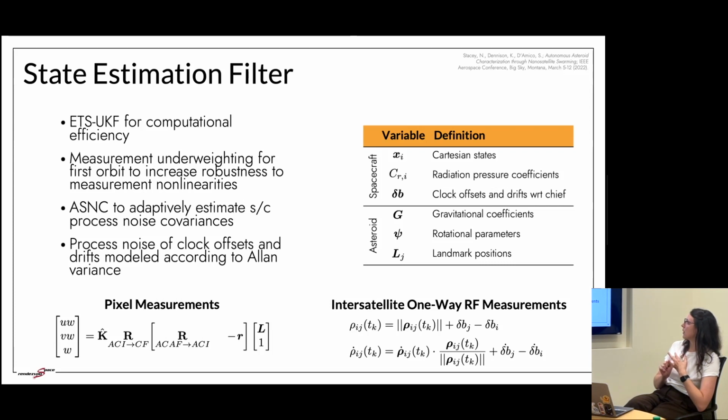We have the radiation pressure coefficients of all the spacecraft, and the clock offsets and drifts with respect to a chief spacecraft. And then we have the asteroid characteristics, which include the gravitational coefficients, rotational parameters, and the landmark position estimates. So you're maintaining a 3D point cloud of all of these stereo-vision-estimated points that you're tracking over time.